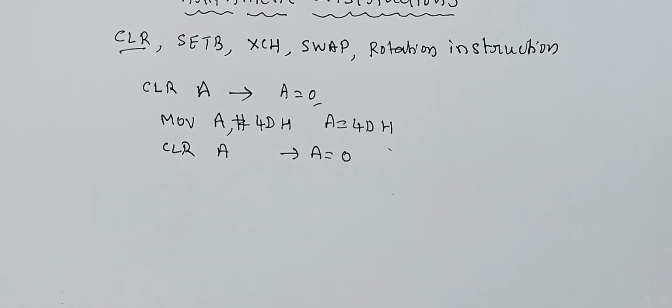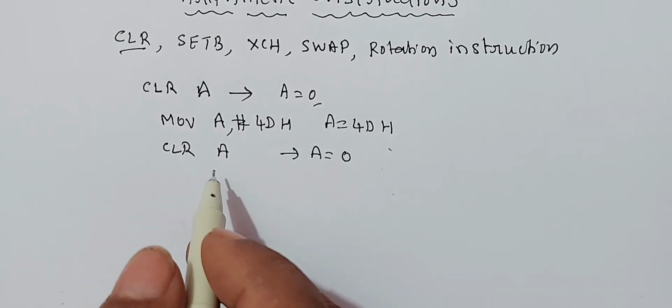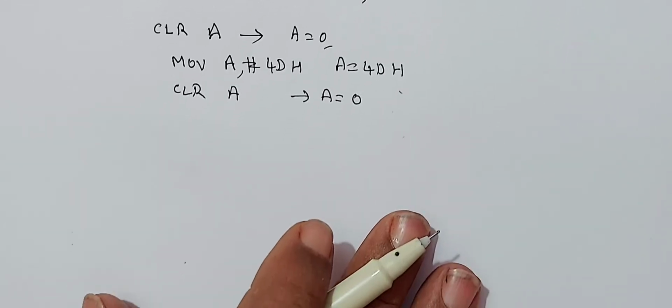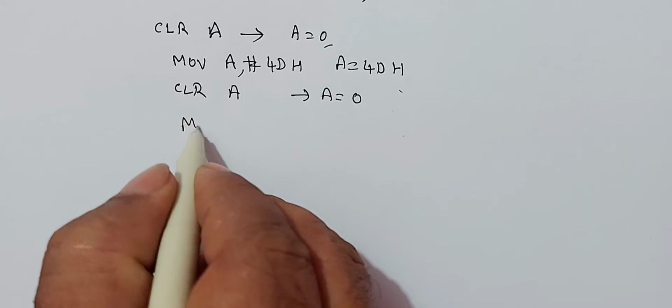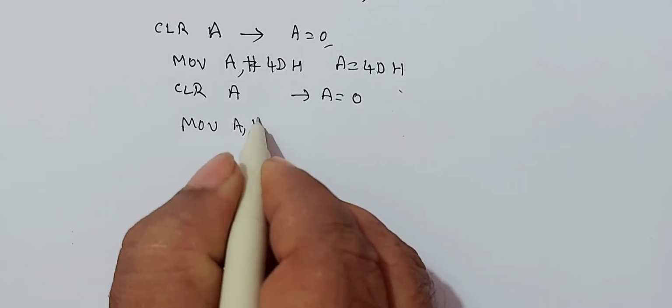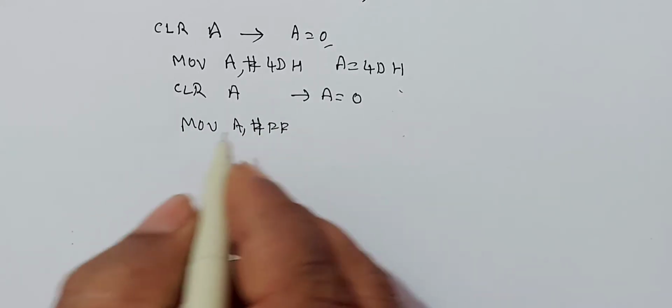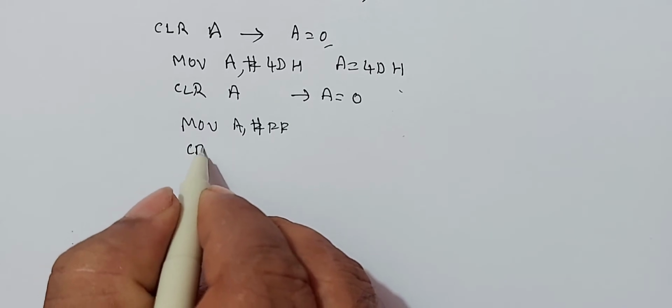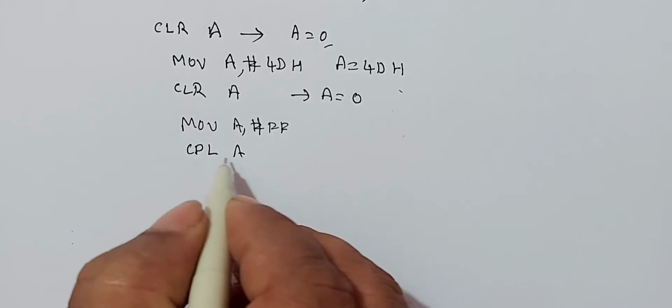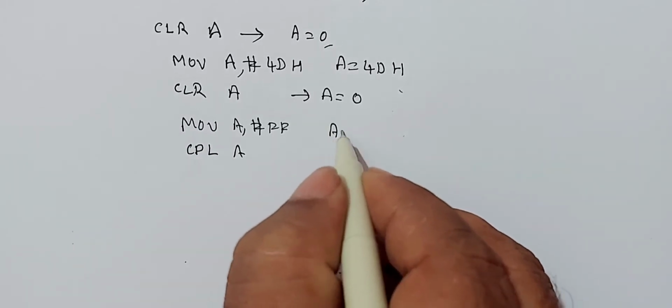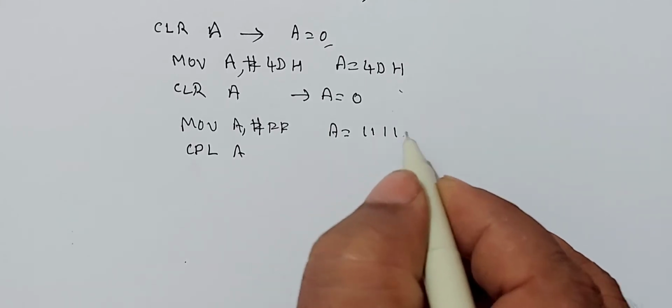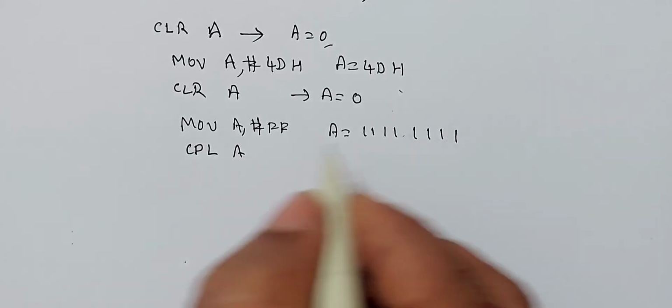There are many methods to clear the content of A. Example, suppose MOV A, #FF. Then I will write CPL A, complement A. A is equal to FF means 11111111.